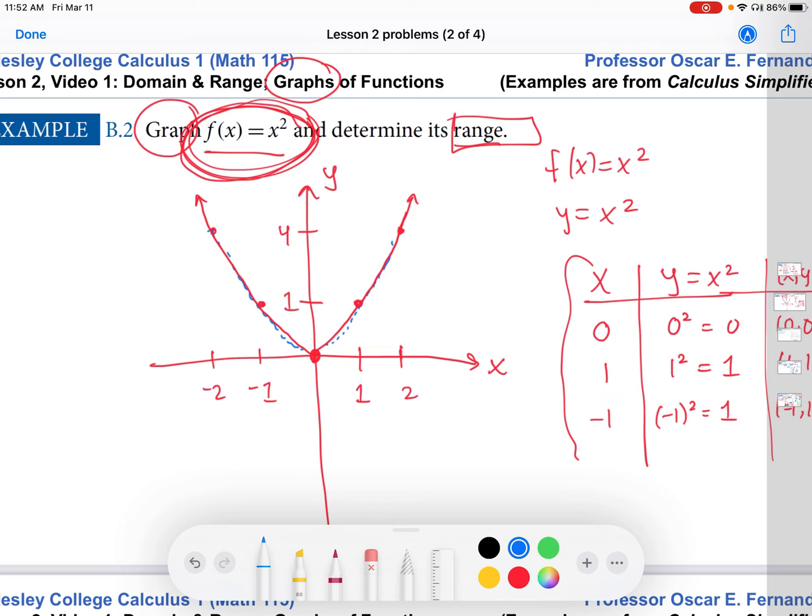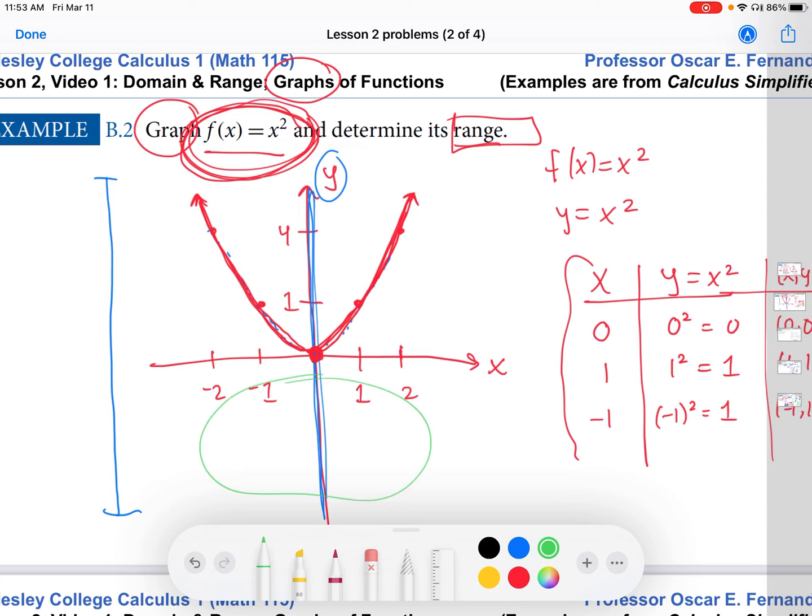In terms of a graph, one of the nice things is that you can tell what the range is by looking at the set of y values. Remember, we said initially that y lives on the vertical axis, up and down. Okay, so this graph, if you notice, only lives up here, above y equals 0, and also including one point that is at y equals 0. There is no part of the graph down here.